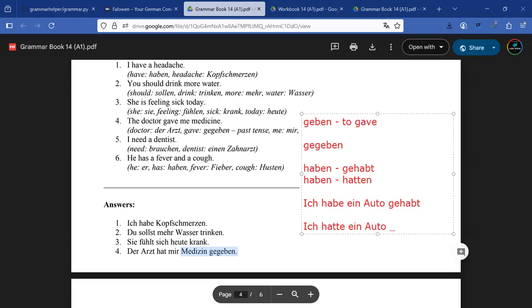This one is Präteritum, right? Simple past. So this one is I had a car. This one is faster, right? I want to use this one, though it's the same thing, but the other one is a bit complicated. That's why I like to introduce it at A2 level, and then we can dig deep into it. Do you understand it?